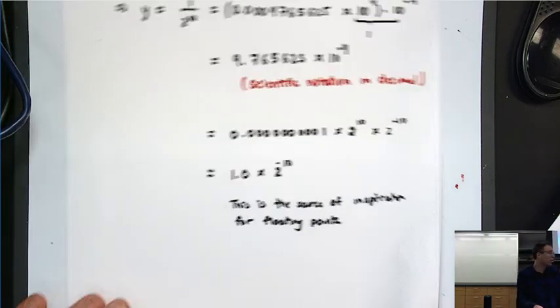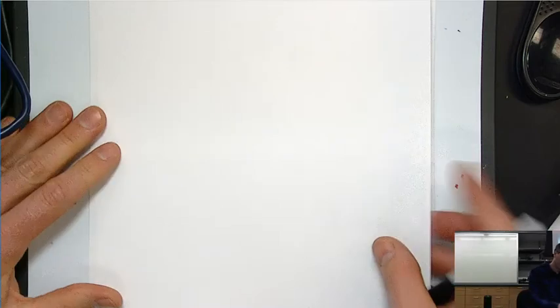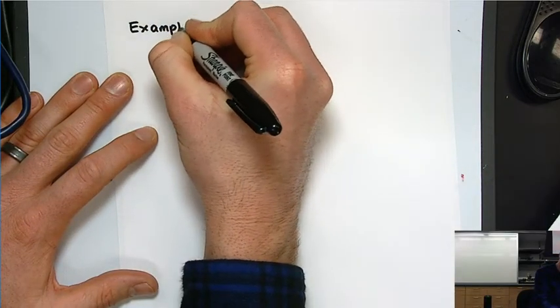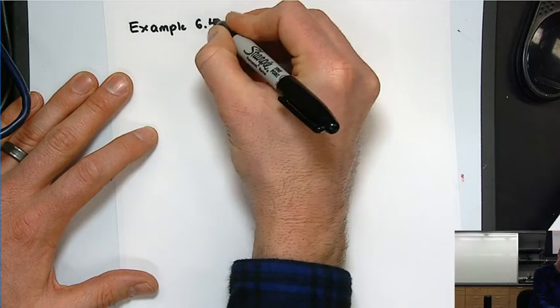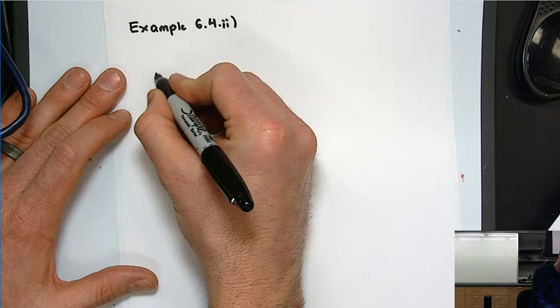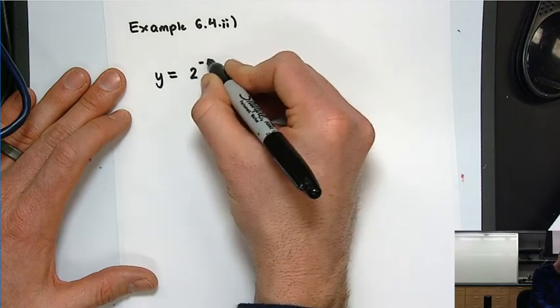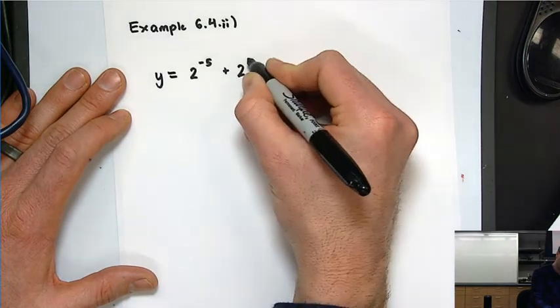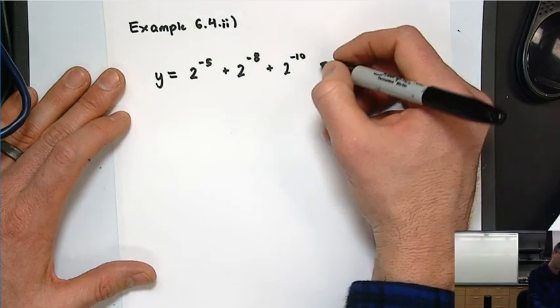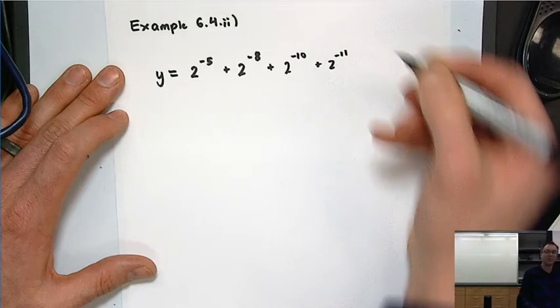All right, so let's take a look at another one. We'll do something a little different than the one that's done for you. We'll call this example 6.4.2. Let y be equal to 2 to the -5th plus 2 to the -8 plus 2 to the -10 plus 2 to the -11.